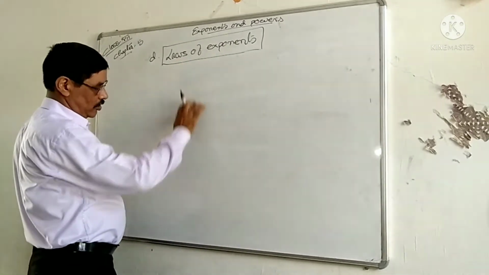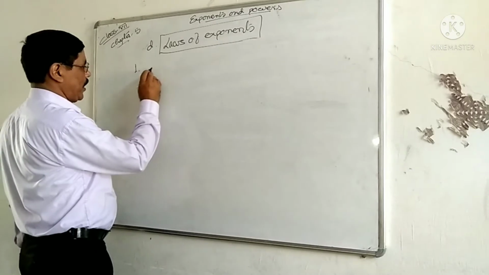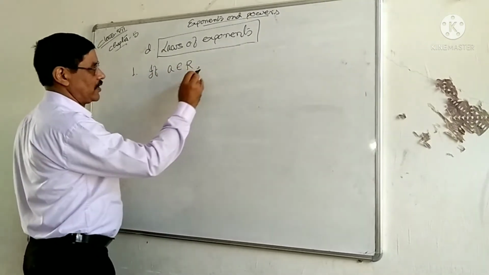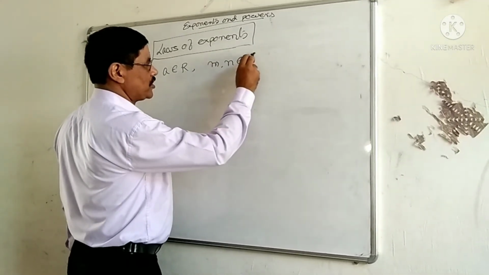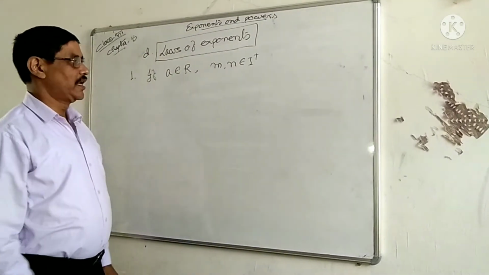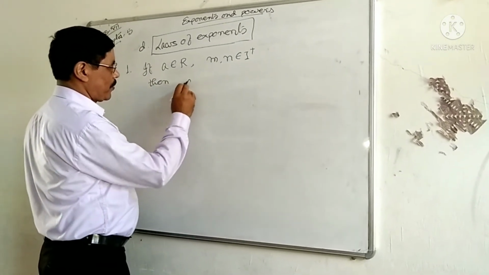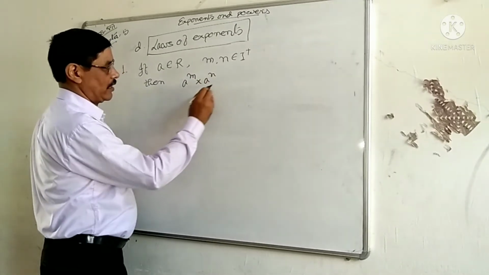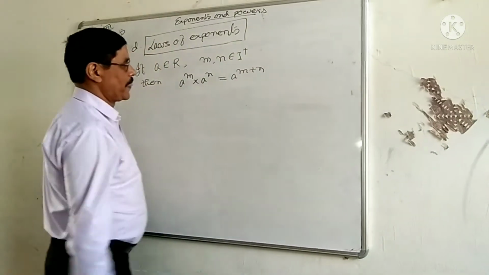Exponent has some laws. All the laws I will write here. Number 1: if a is any real number, and m and n are any two positive integers or natural numbers, then according to this property, a to the power m into a to the power n equals a to the power m plus n.